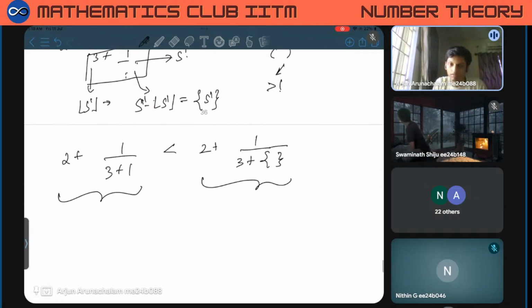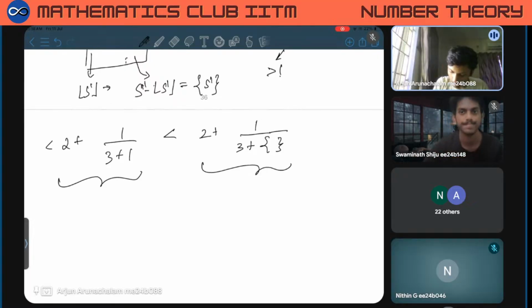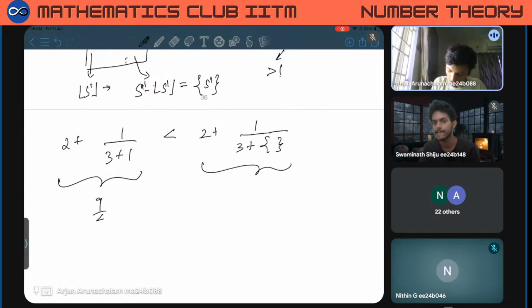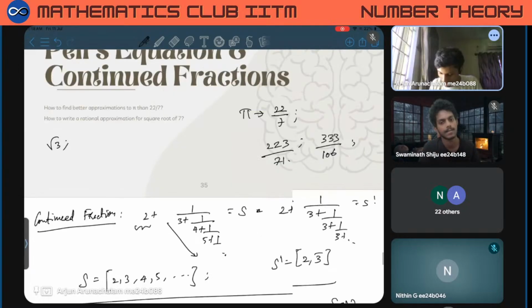You can't have something be infinity when something greater than it is. So 9 by 4 is greater than this infinite continued fraction, so it clearly terminates. So yeah, that's how you prove that it terminates.